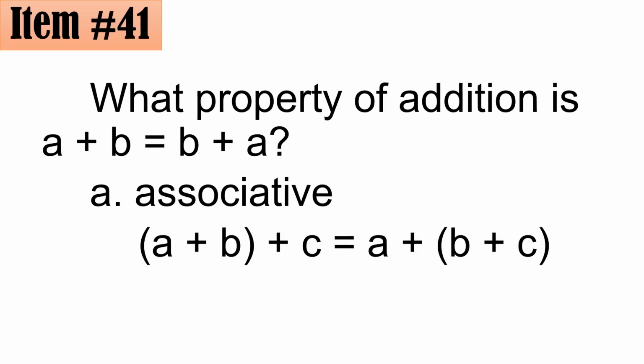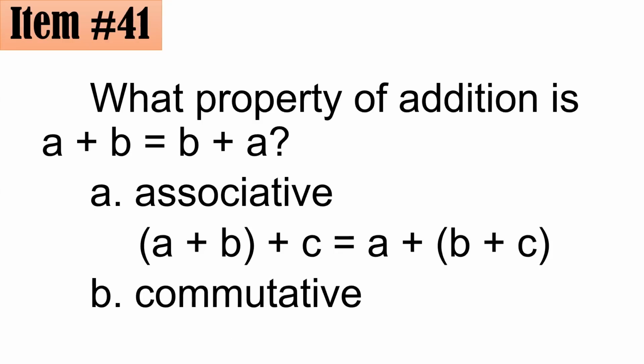Yung associative property of addition po is the sum of A and B added by C is the same as the sum of A added by the sum of B and C. And what is being described, A plus B equals B plus A, is actually commutative property. Very good. B.